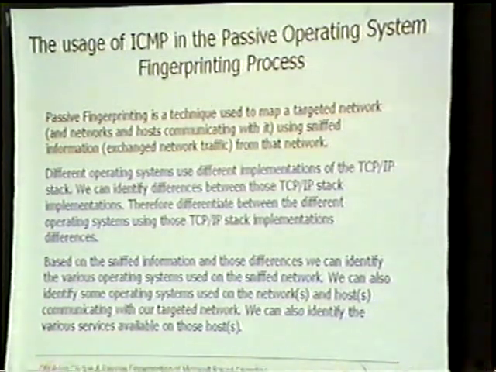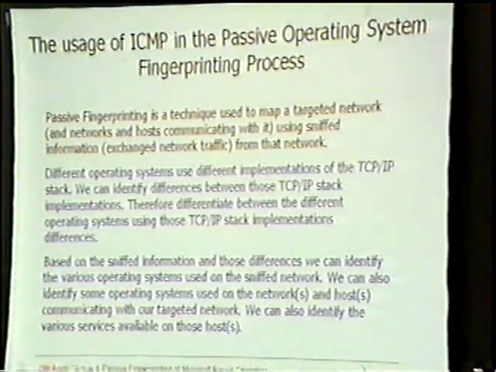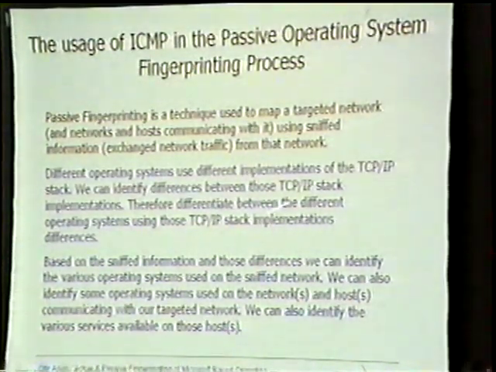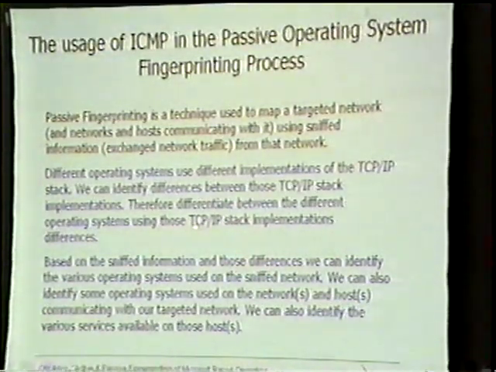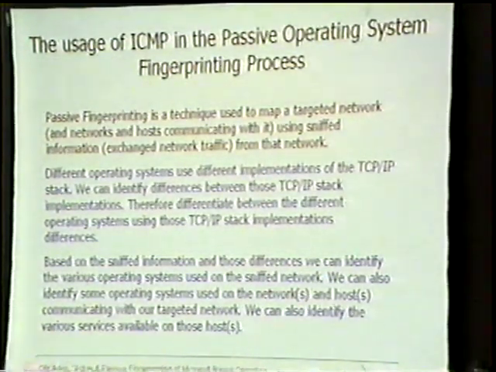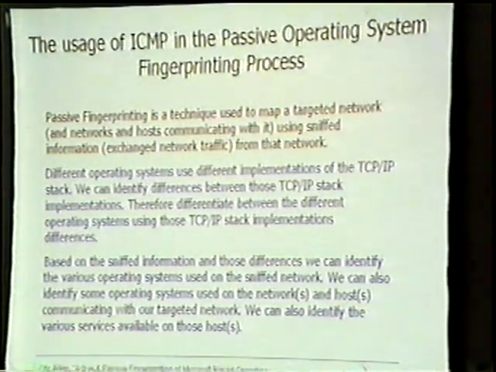I think I've listed some at the end of the presentation. And again, different operating systems will use different implementations of the TCP/IP stack. We will identify those differences, and then we can state what the operating system is, and hopefully we can have a clear distinction.